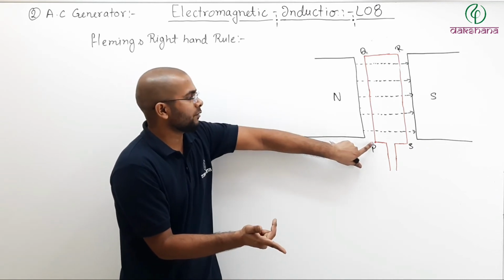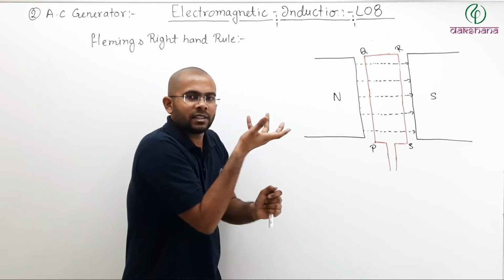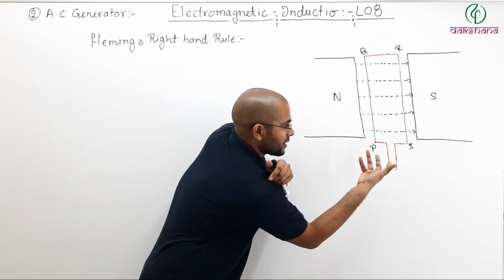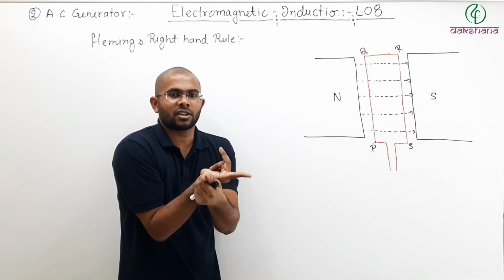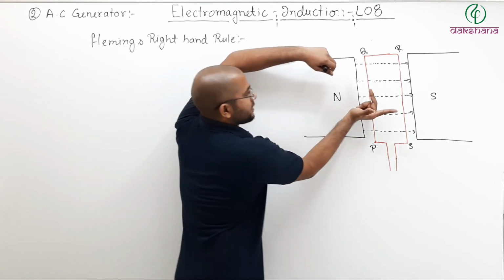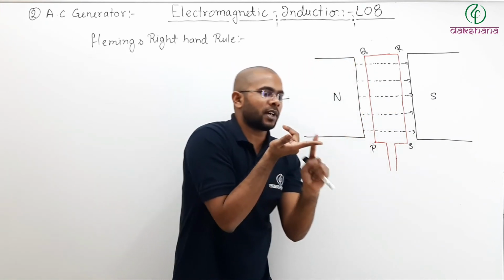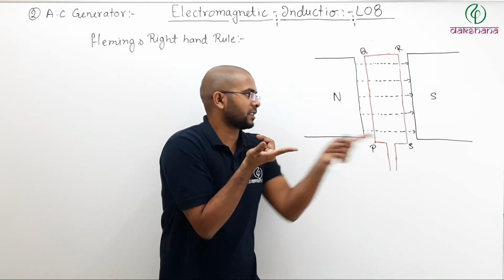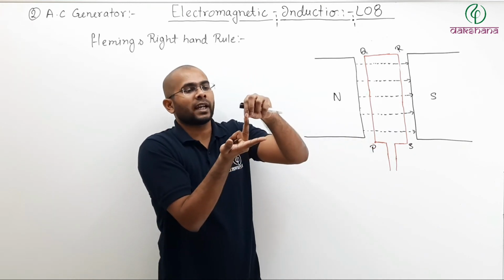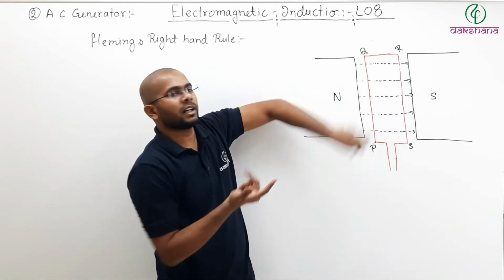So for example, if we talk about current in PQ, it is rotating clockwise like this. Thumb points in the direction of motion of conductor. Then the first finger points towards the direction of field, like this. Then your second finger will tell you which direction your current will flow.